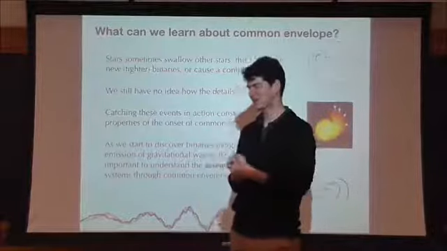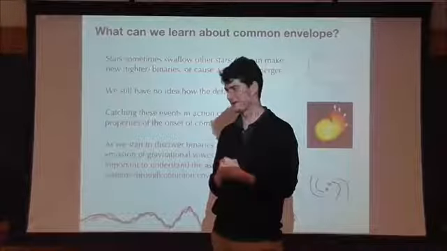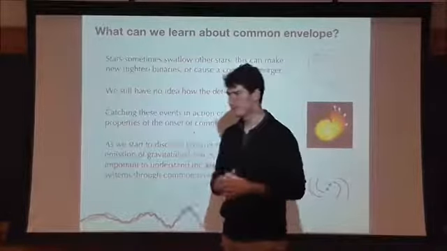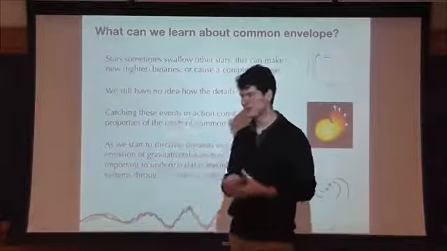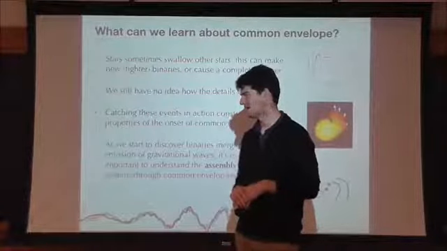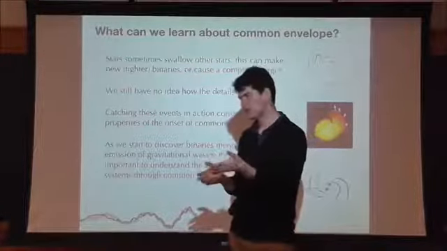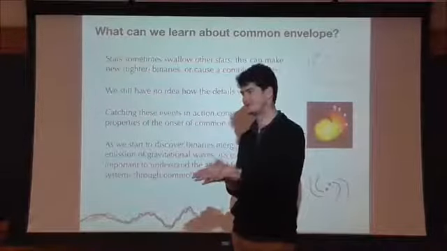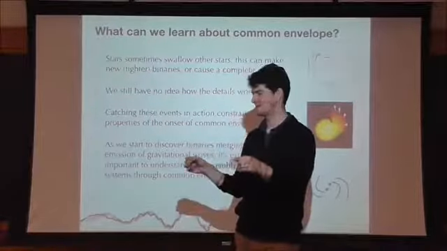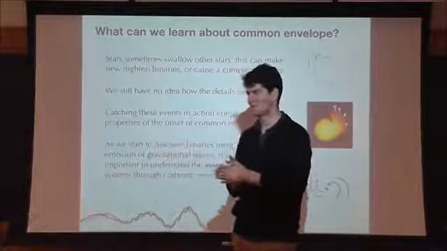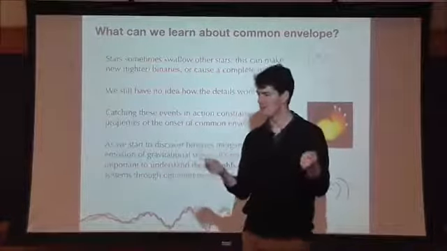That all comes back to the details of how this works. Those ingredients are embedded as parameters that we don't know to a factor of 100. That affects how frequently a pair of objects merge versus how frequently they eject the envelope, and what the orbital separation is that divides those two.